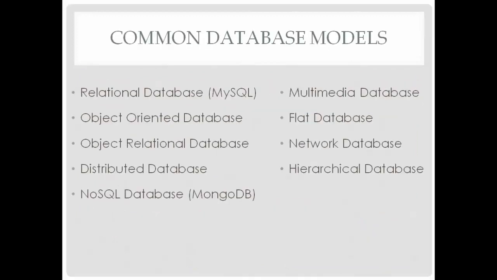Common database models. So first we have relational databases, which is the most popular type of database. Obviously MySQL is a relational database. We have object-oriented databases where everything is represented as an object. Object relational databases, distributed databases. We have NoSQL databases like MongoDB.